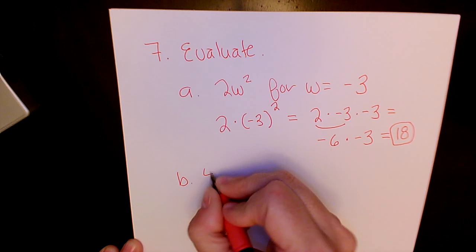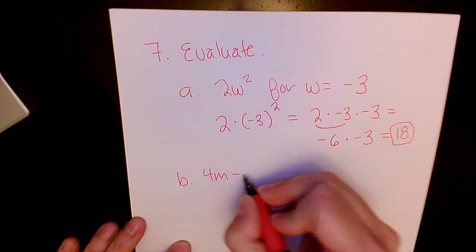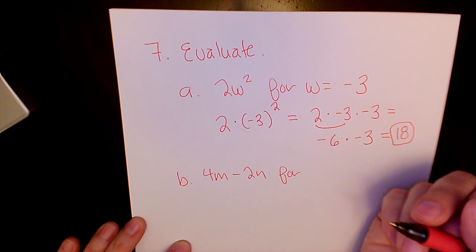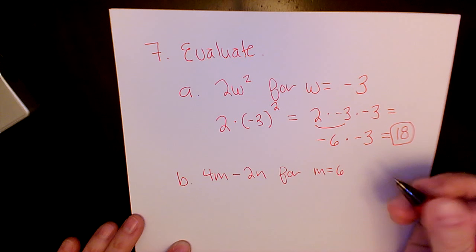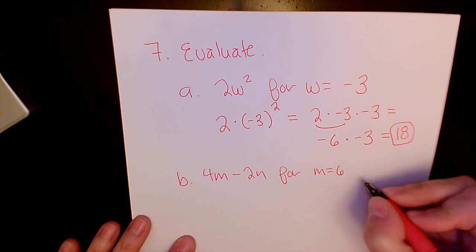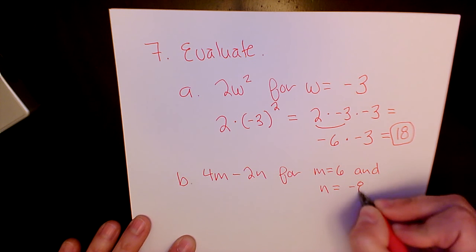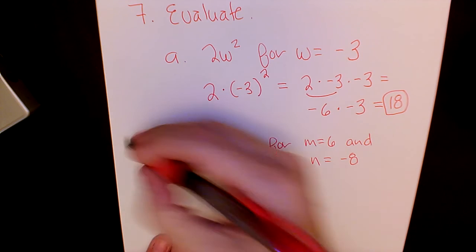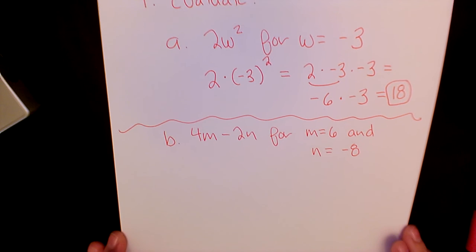I have another evaluate, 4m minus 2n, where m equals 6 and n equals negative 8. Let me draw a line through there. Okay.